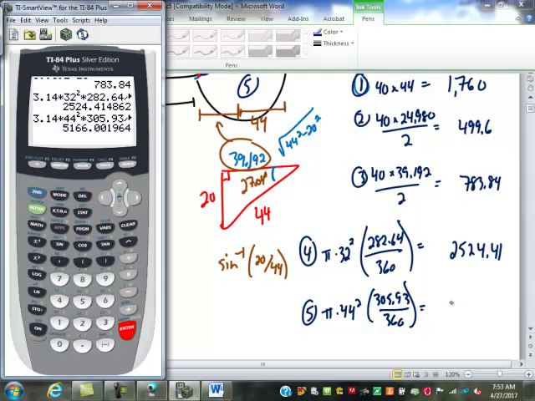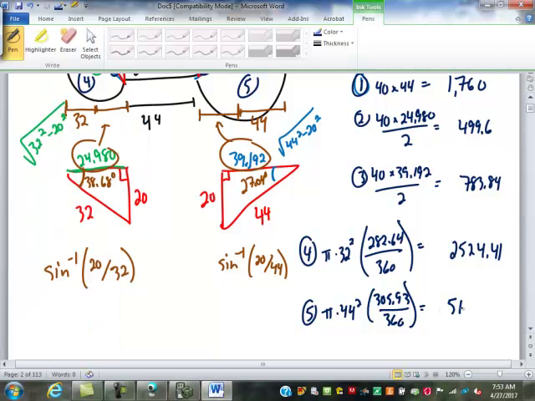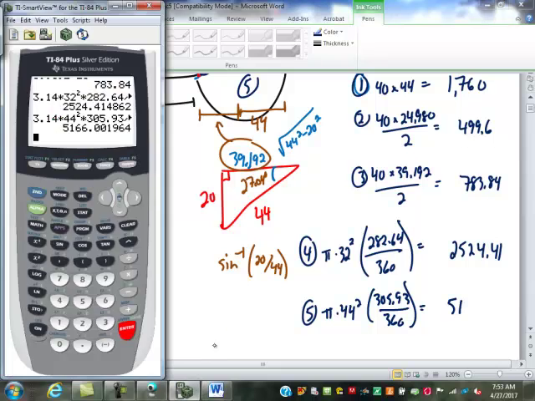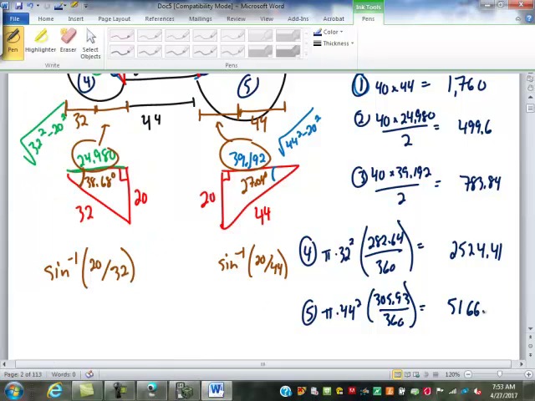So 5166.00. We would add those up to get the area. I'm not going to do it right now. I'm just going to assume you guys can add those up. But that's our area.